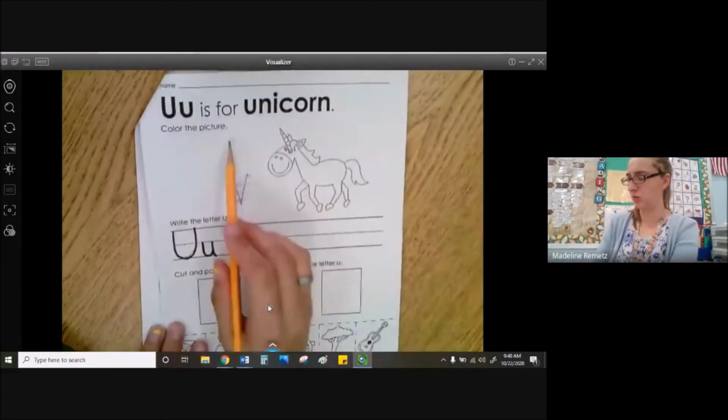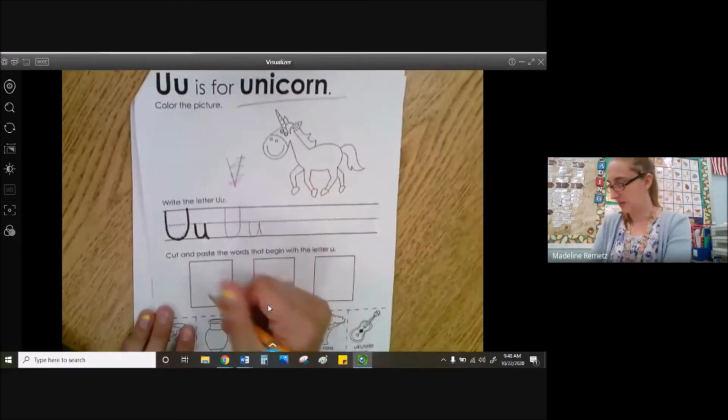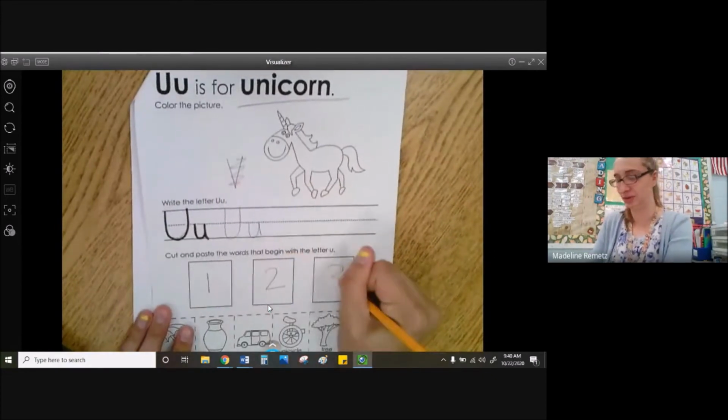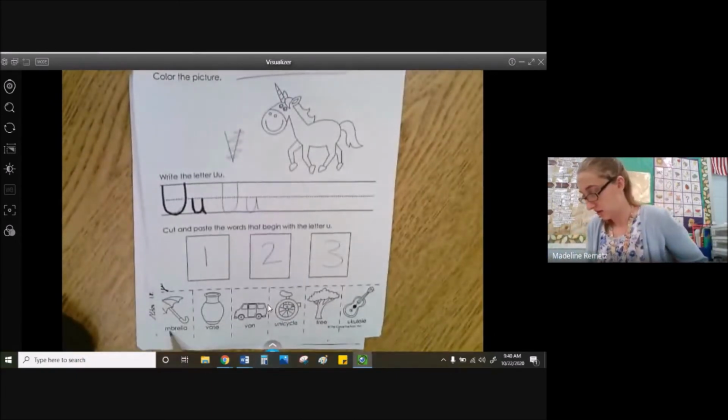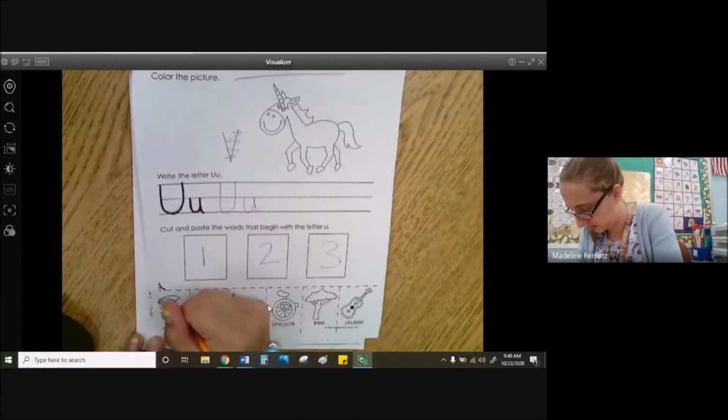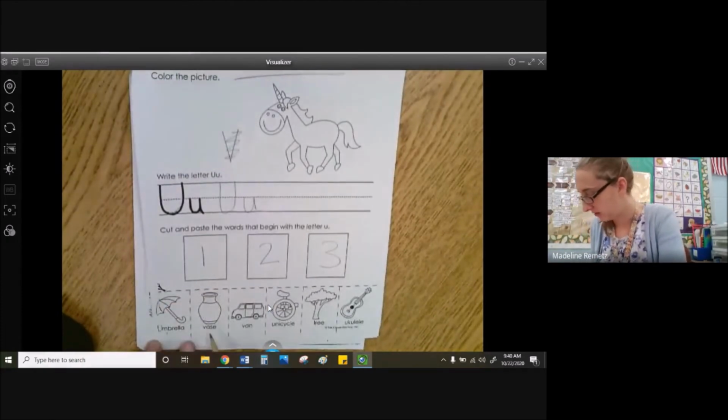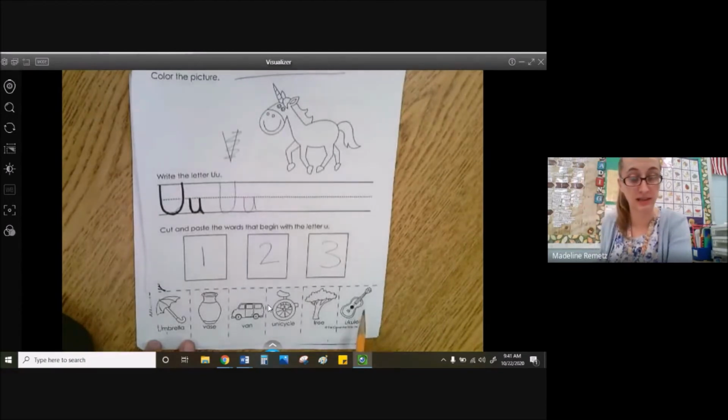Today for the letter U, meaning unicorn, you have 1, 2, 3 words that you need to go hunting for. Let's see. Umbrella. Nope, we all know that's supposed to be an umbrella. Here, let's fix that. Ta-da! Umbrella, vase, van, unicycle, tree, and ukulele. I love ukuleles.